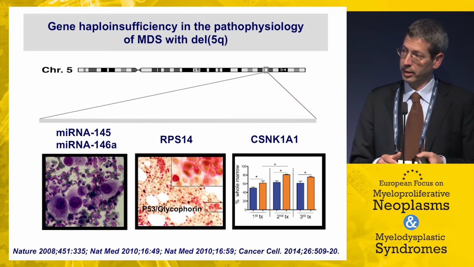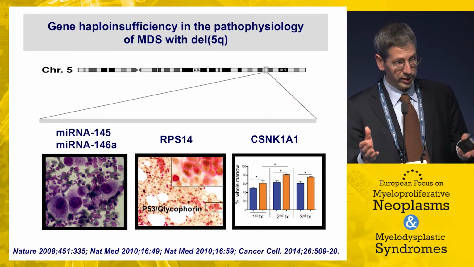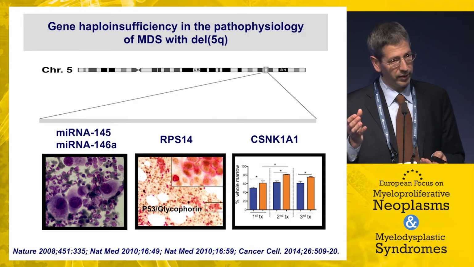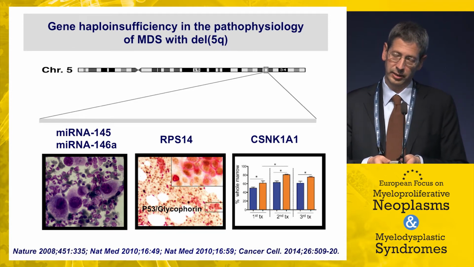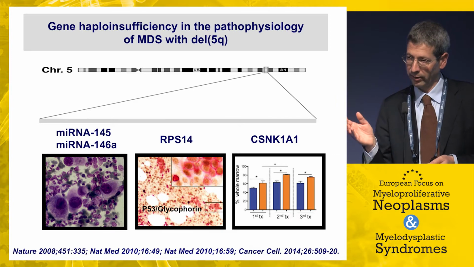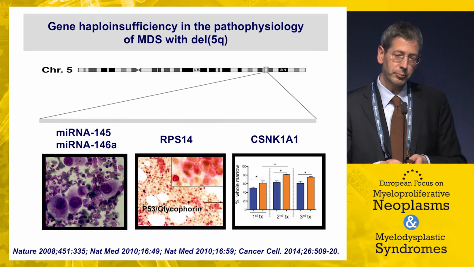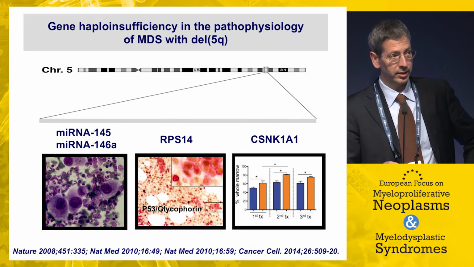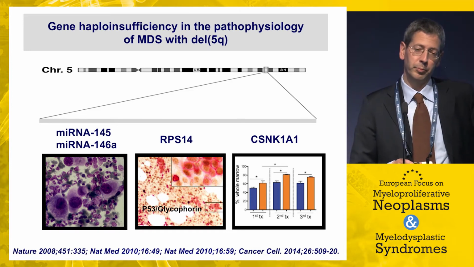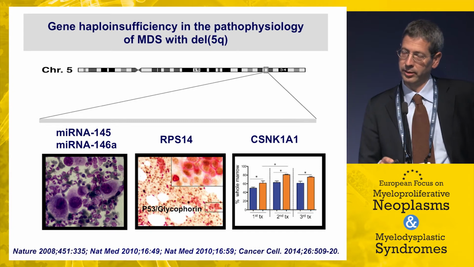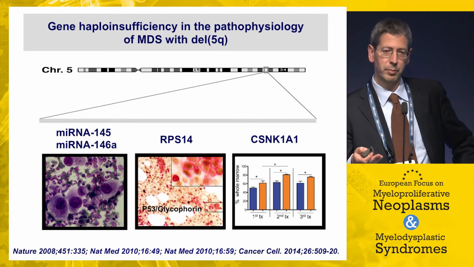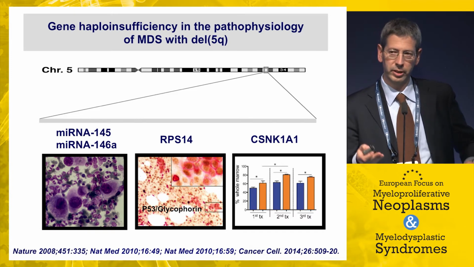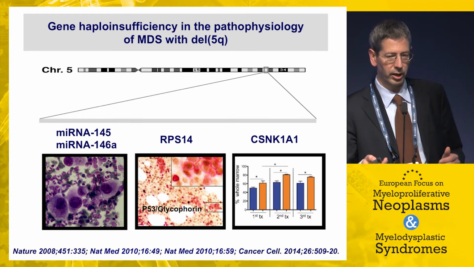And the pathophysiology of this specific subset of MDS has been clarified by using a systematic approach of RNA interference in hematopoietic cells. This approach provided the evidence that the disease is sustained by the haploinsufficiency of selected genes mapping in the common deleted region in the long arm of chromosome 5.